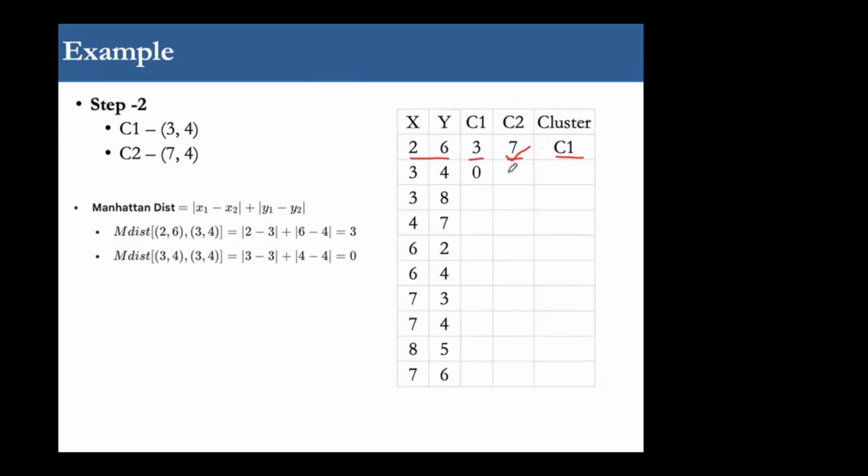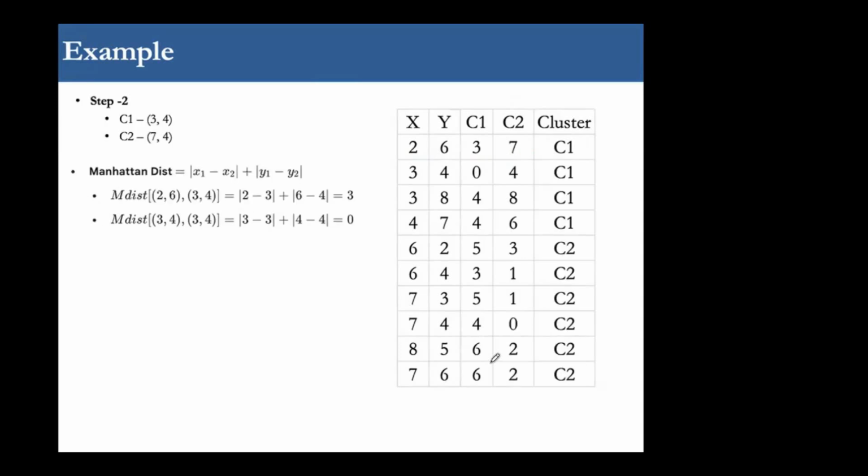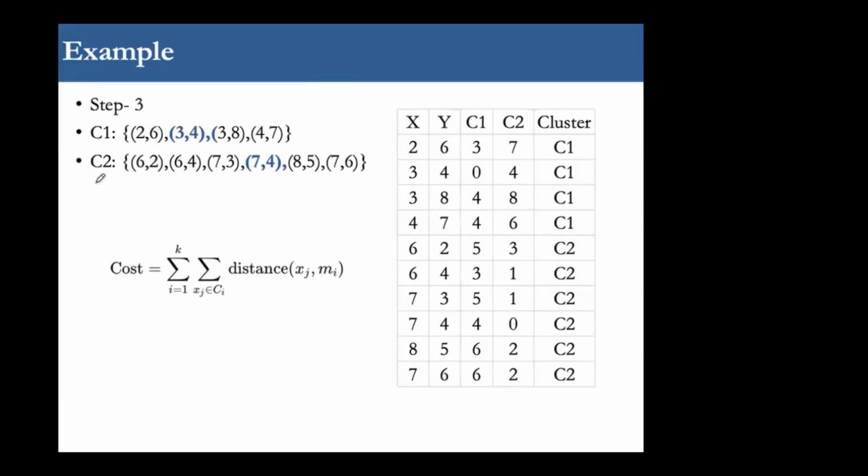Similarly, we need to calculate for all other data points also. When we calculate the value for all other data points, we get this. The first 4 data points belong to cluster 1 and the remaining data points belong to cluster 2. Now the third step is to find the total cost.